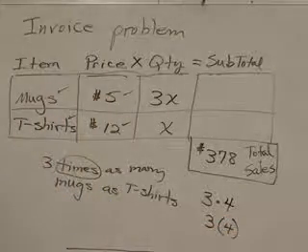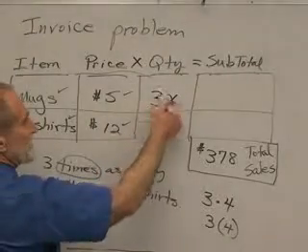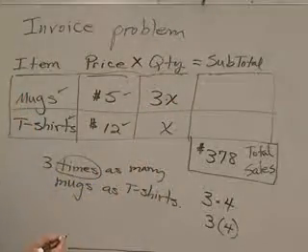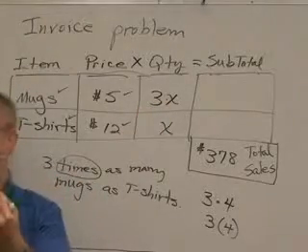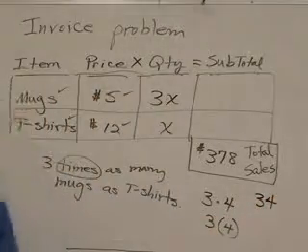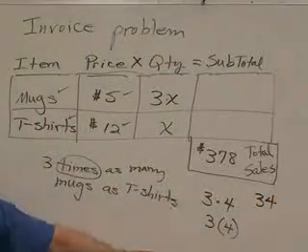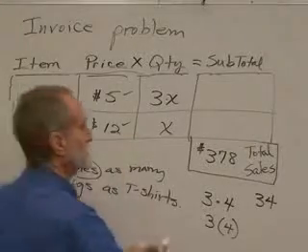Now, if it's a letter, we can just put them next to each other without a dot or parentheses, and we know that 2 things next to each other means we multiply. But if we put 2 numbers next to each other, that looks like 34, doesn't it? So we always have to do this if we multiply numbers together. So we've got 3 times x, or 3x. How does that feel?